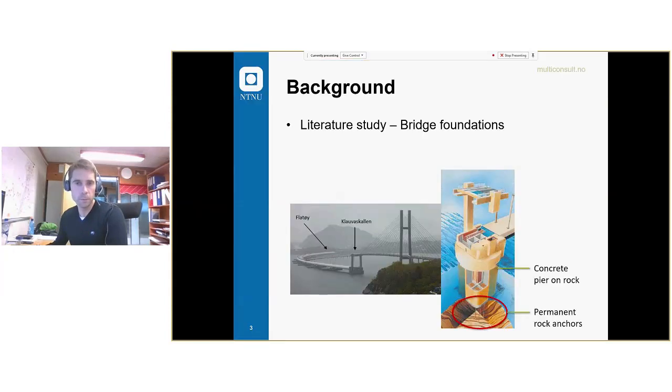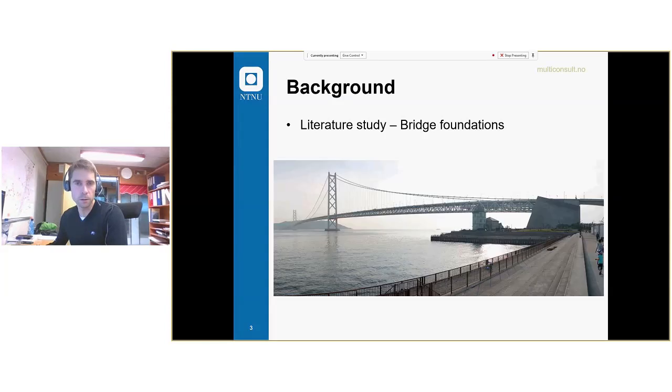Another interesting bridge is this Akashi Kaikyo bridge in Japan. Cable pull of 1.2 giganewtons. That's quite a large load. And you will also require a large foundation structure to hold this load.